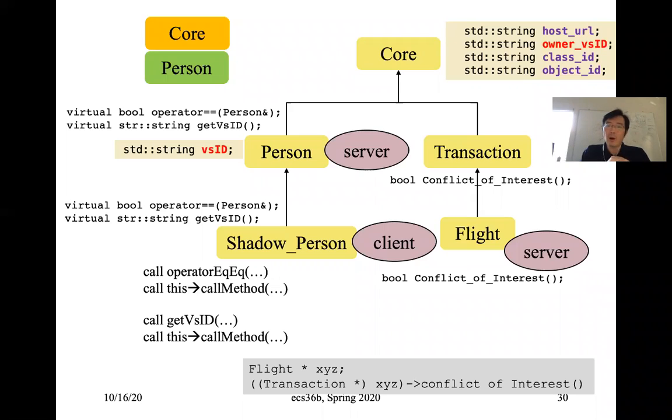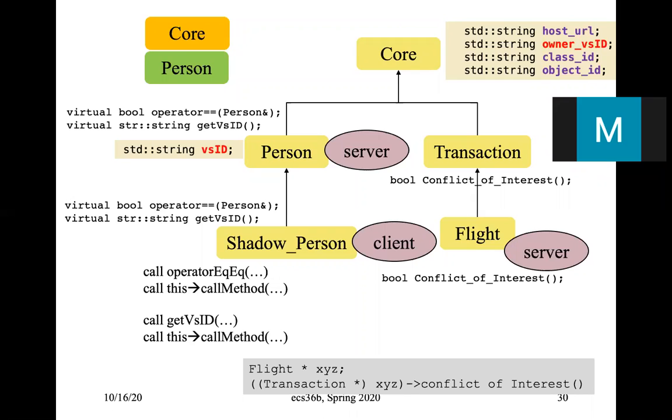And then I call conflict of interest. My question to all of you is: which conflict of interest function is going to be called? Is it the parent version or the flight version?